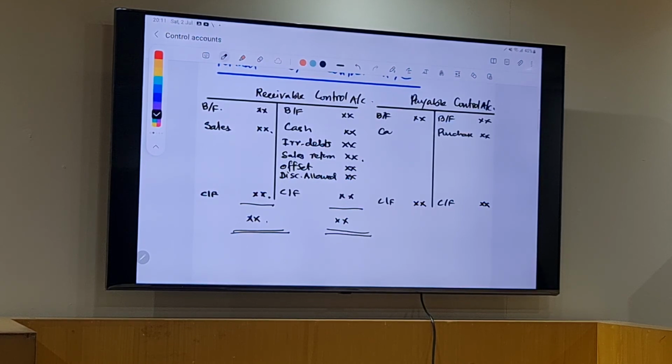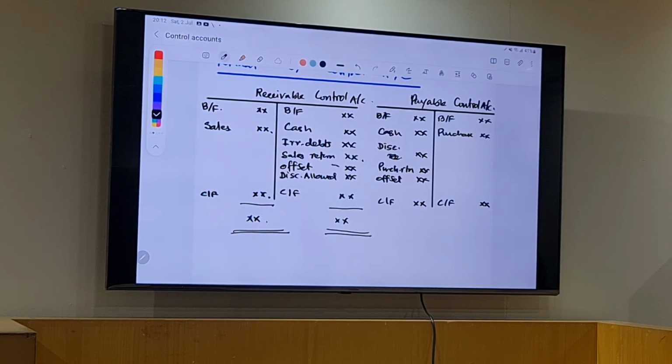And then we have cash payments, which we pay to the supplier. We have discount received. And then we also have purchase return. We cannot have irrecoverable credits. We will have irrecoverable debts, but we cannot have irrecoverable credits. And then we have something called offset.